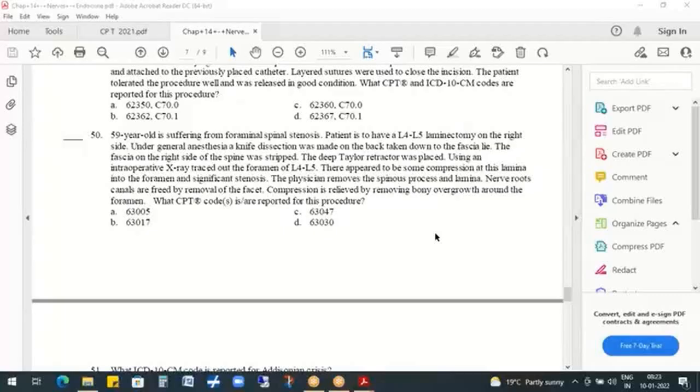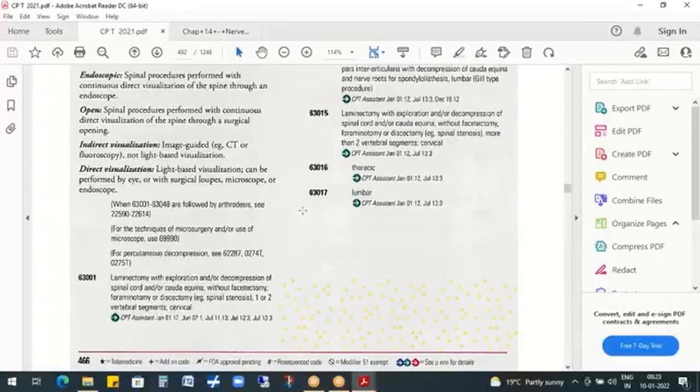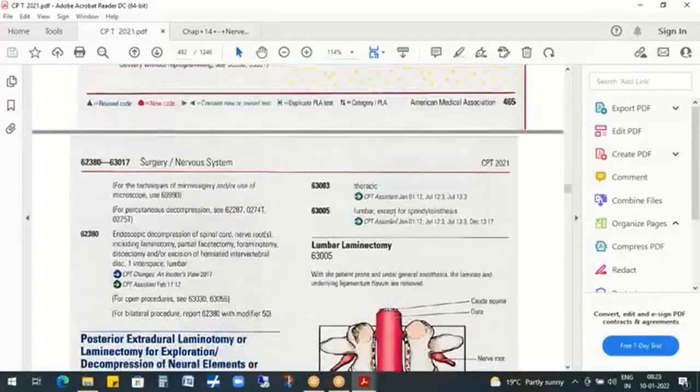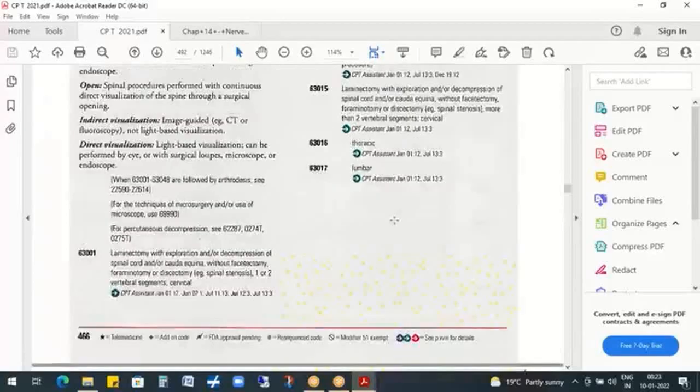See, are you able to understand the question? Laminectomy is performed in the question. Yes, sir. Okay. Now, if you see 63005, laminectomy with exploration and/or decompression of spinal cord and/or cauda equina without facetectomy, foraminotomy, or discectomy.